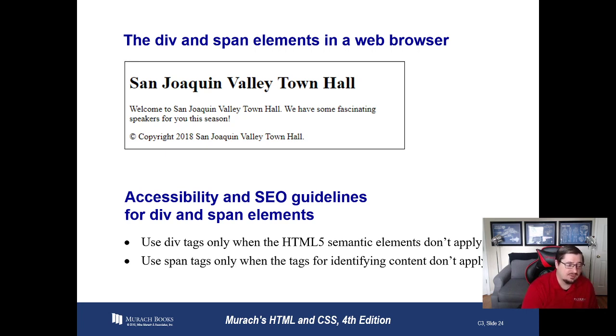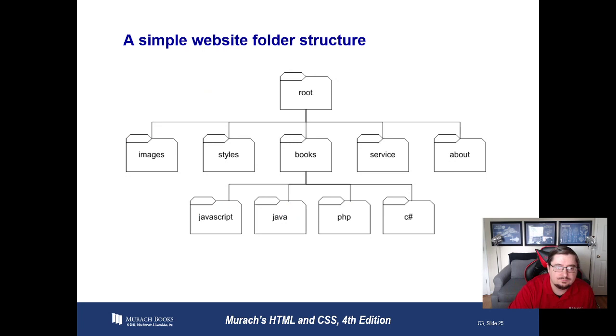Similarly with a span tag, only use it where there isn't already a semantic tag that would make more sense. Because all of the semantic tags are used by the search engines to figure out what's on there, read your text, and rank your page in their search results. So, okay.